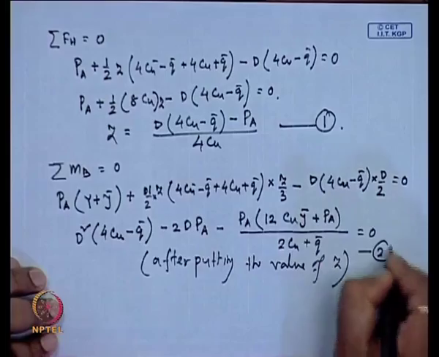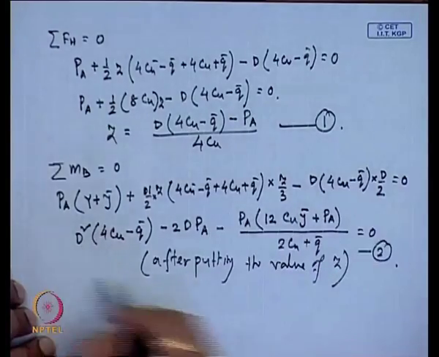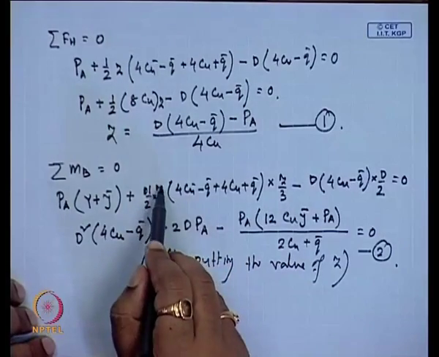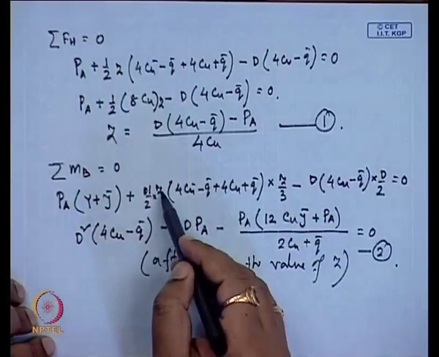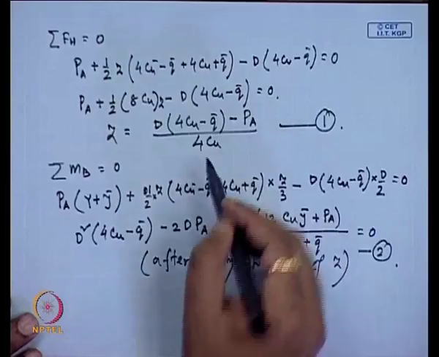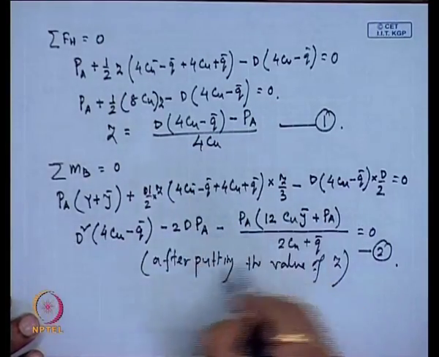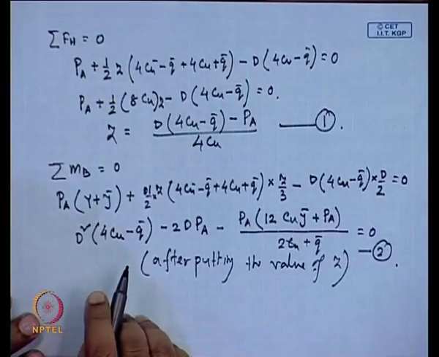This is expression 2, the final expression, where the Z value is replaced by expression 1. We put the Z value in this expression, and after simplifying we get this final expression.